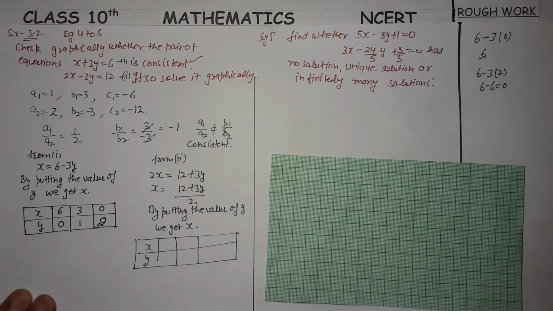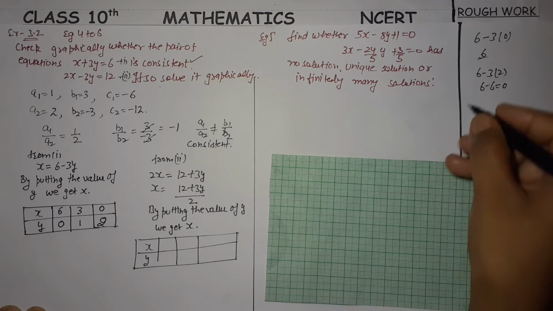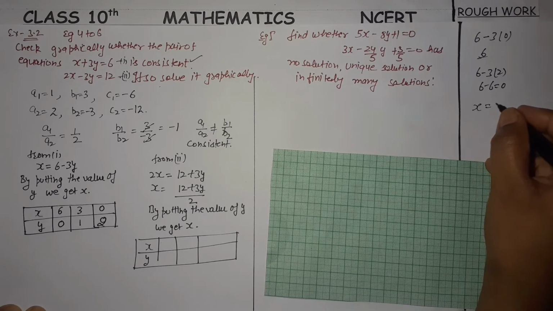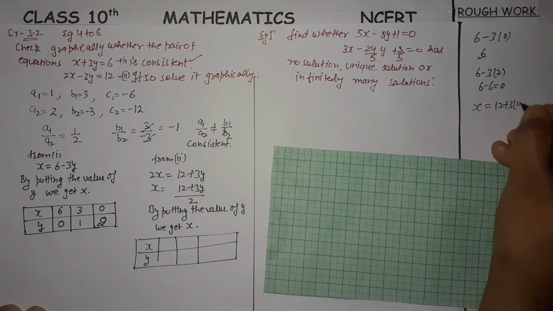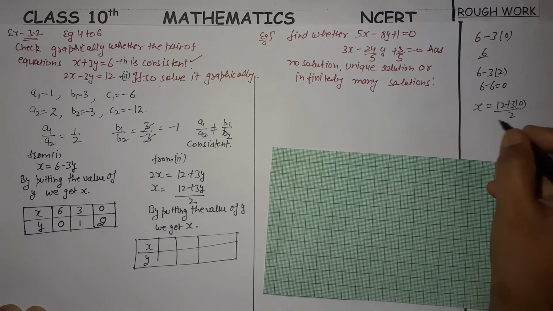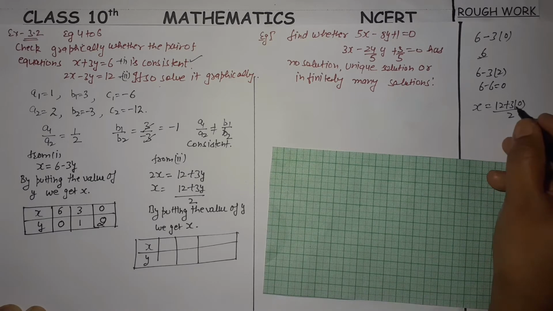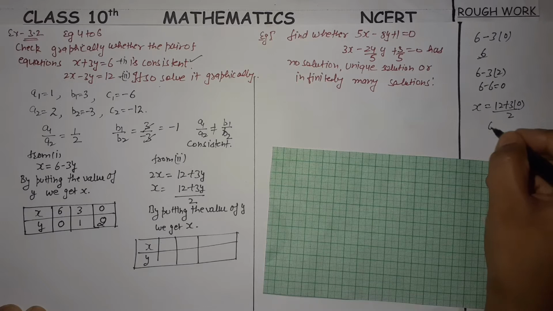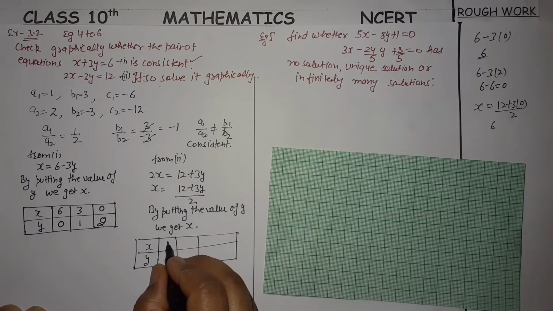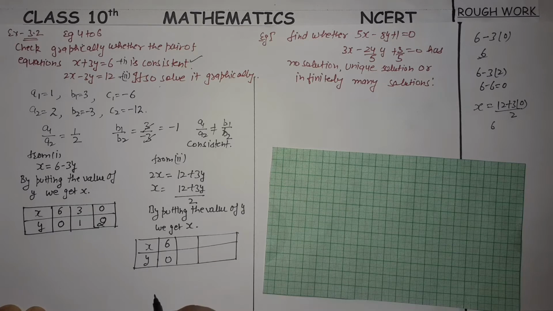Put y equals 0. 3 into 0 makes 0. 12 plus 0 is 12. 12 by 2 makes 6. When y is 0, x is 6.